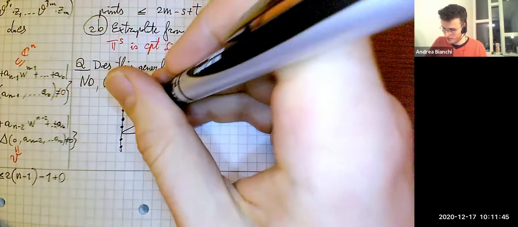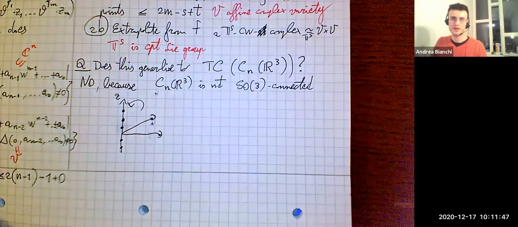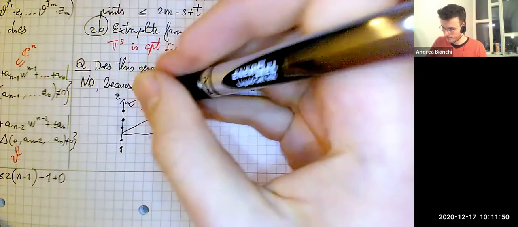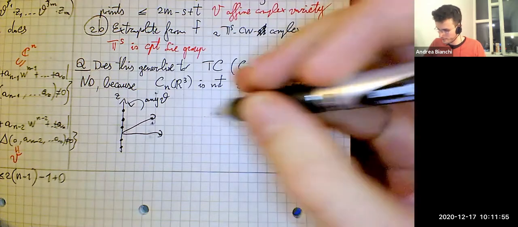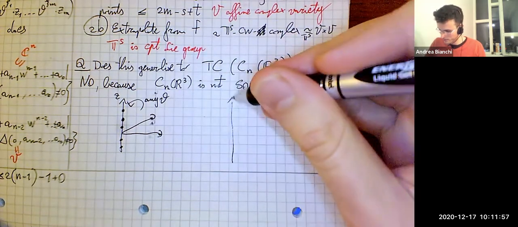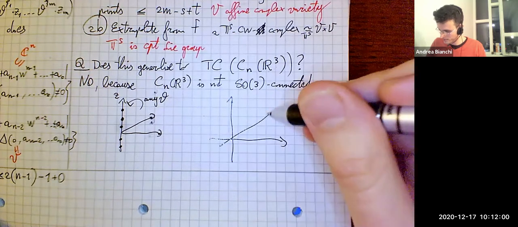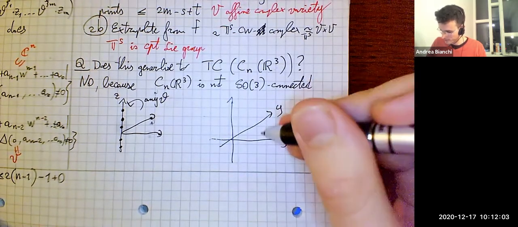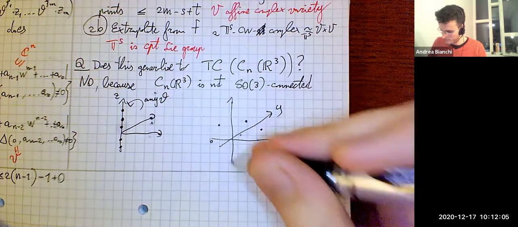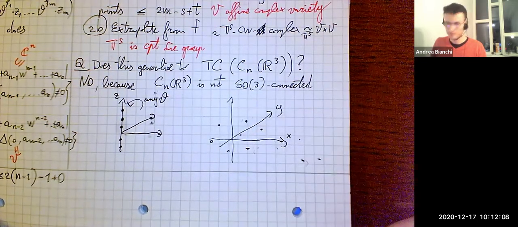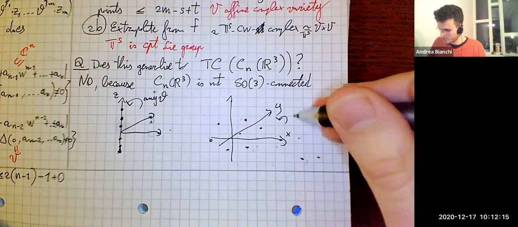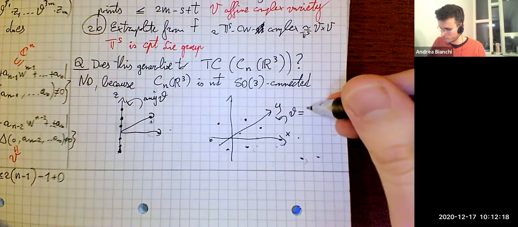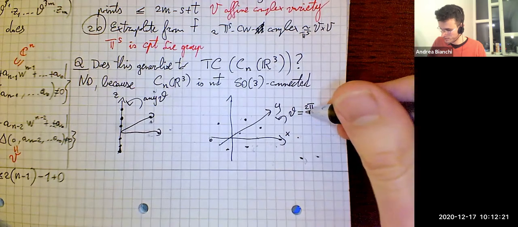So in particular, they are fixed by any rotation around the z-axis of any angle theta. Now there is another configuration in which I take on the xy plane a regular polygon. They must have the same number of points, so let's do this. And now this is fixed by rotation by theta equal to 2 pi over n.